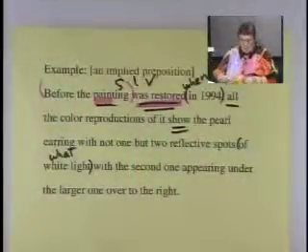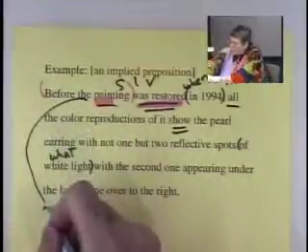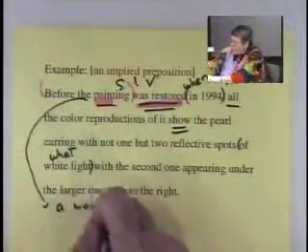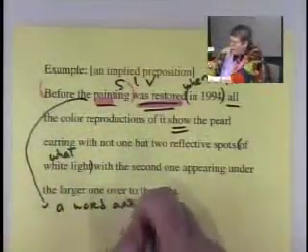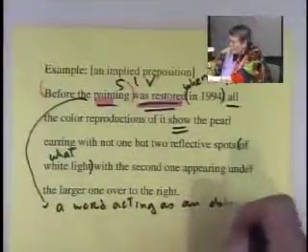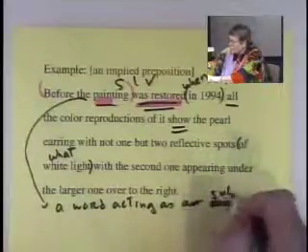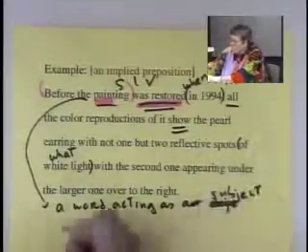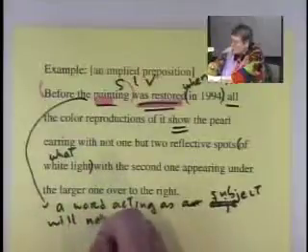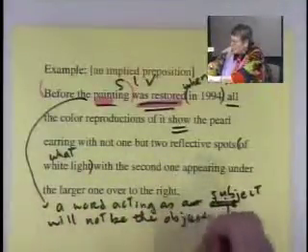And I want you to make a brief note. A word acting as a subject will not be the object of a phrase.